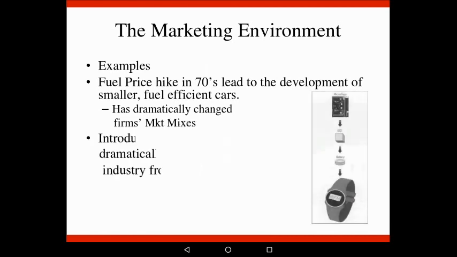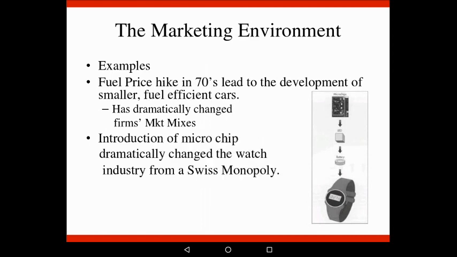Another change was the development of the microchip. It changed the watch industry. In the past, Swiss companies had the monopoly, but when the microchip came out, companies from China, Korea and Japan started developing digital watches.